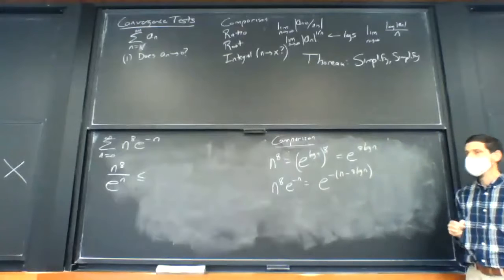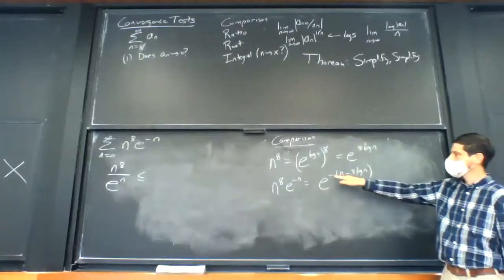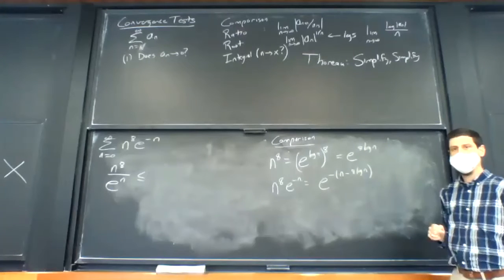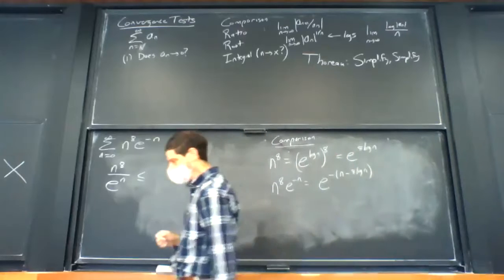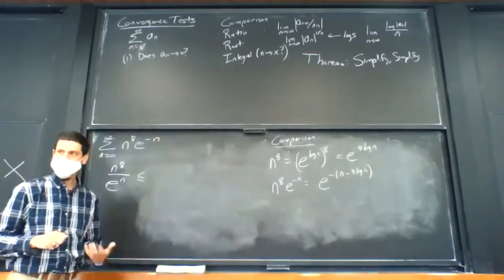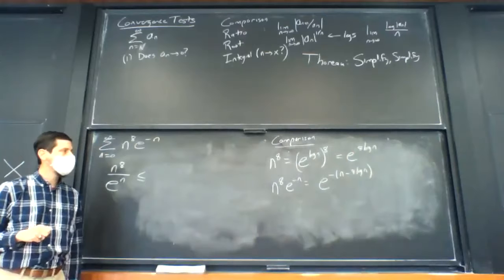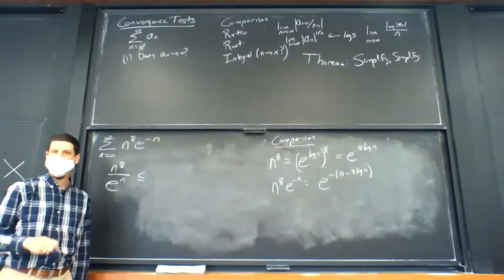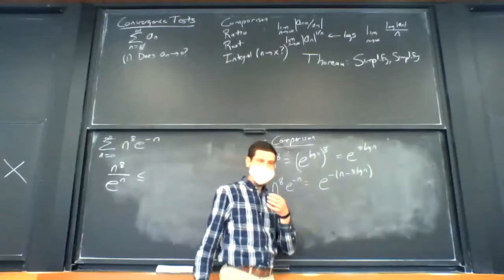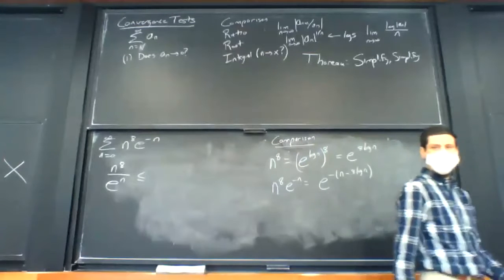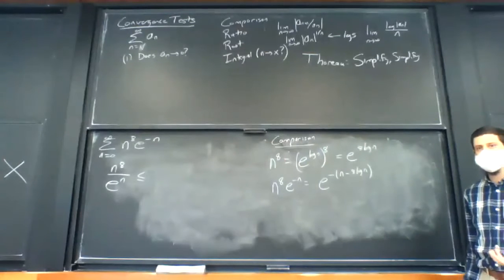So when you just do the algebra and combine everything, negative is going to be positive. And again, this is where the more years of experience you have, the easier it is to see that this is a good way to do the algebra. The idea is, this is going to show us that the exponential decay is going to kill the polynomial growth.